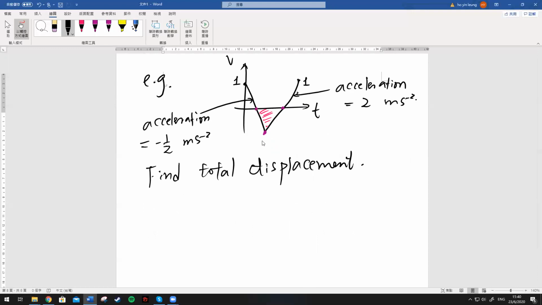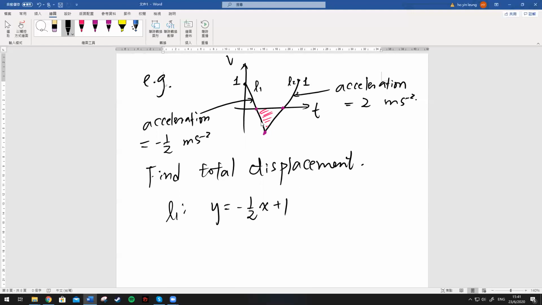We can make use of the equation of a straight line here. Because you know that the y-intercept is 1, let me call this L1 and this L2. So L1 here should be y equals -½x plus 1, right?